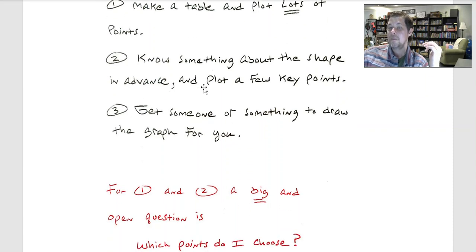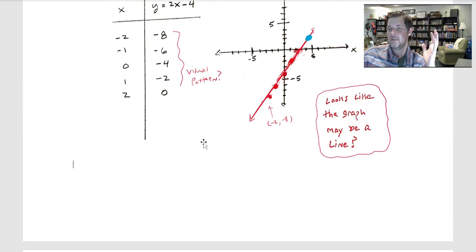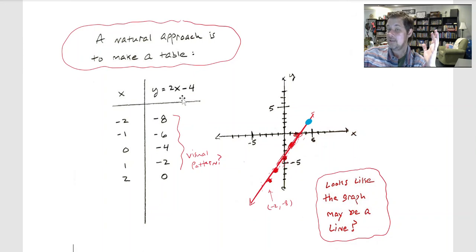Another strategy for graphing is, what if you knew something about the shape in advance? As a matter of fact, any equation like this is going to be a straight line when you graph it. So if you know what the shape is supposed to be based on the equation, that makes drawing the graph all that much easier. It turns out certain equations have certain kinds of shapes of graphs.